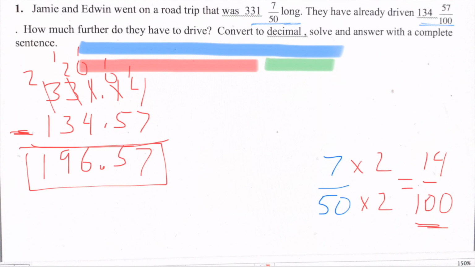Now this problem says to answer with a complete sentence. And again, with each problem, it's good to look at it and decide if the answer is reasonable and what the question is. The question is, how much further will they have to drive? And our answer looks pretty reasonable, 196 and 57 hundredths. So let's go ahead and answer this one with a complete sentence.